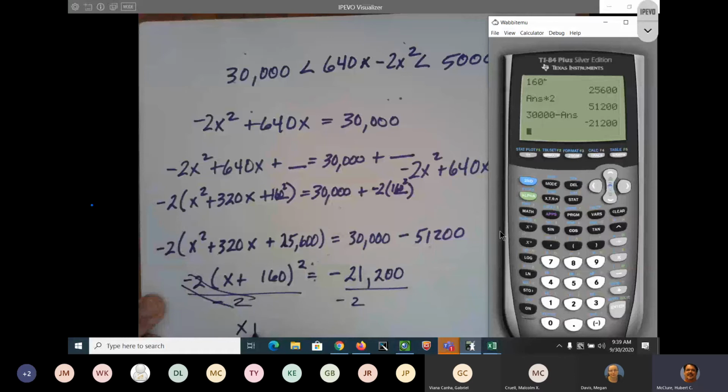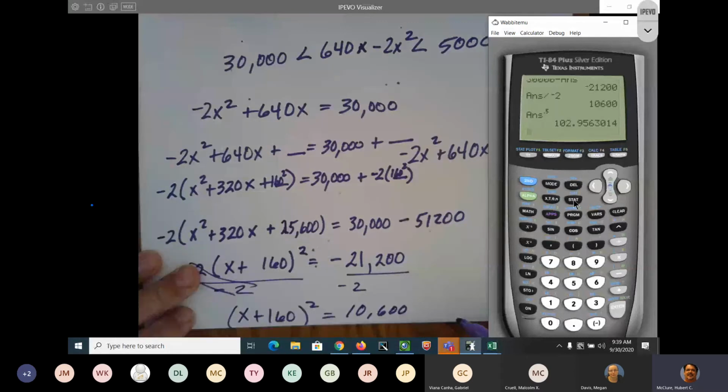Take the square root. I'm going to raise that to the 0.5 power: 102.96. So x plus 160 is equal to positive or negative 102 point, I'm going to say 103.